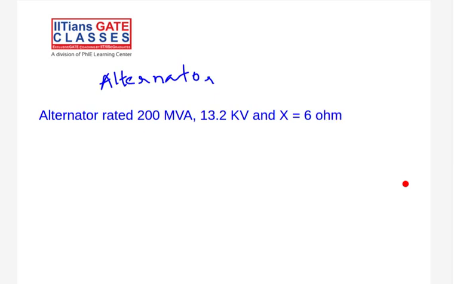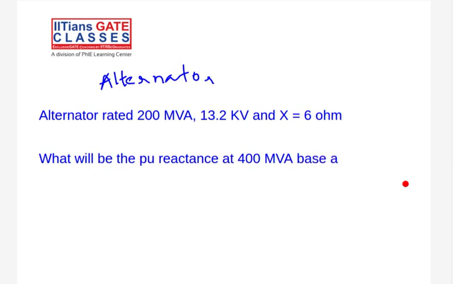The question is, what will be the per unit reactance at 400 MVA base and 18.2 kV base? Can you calculate this and let me know?